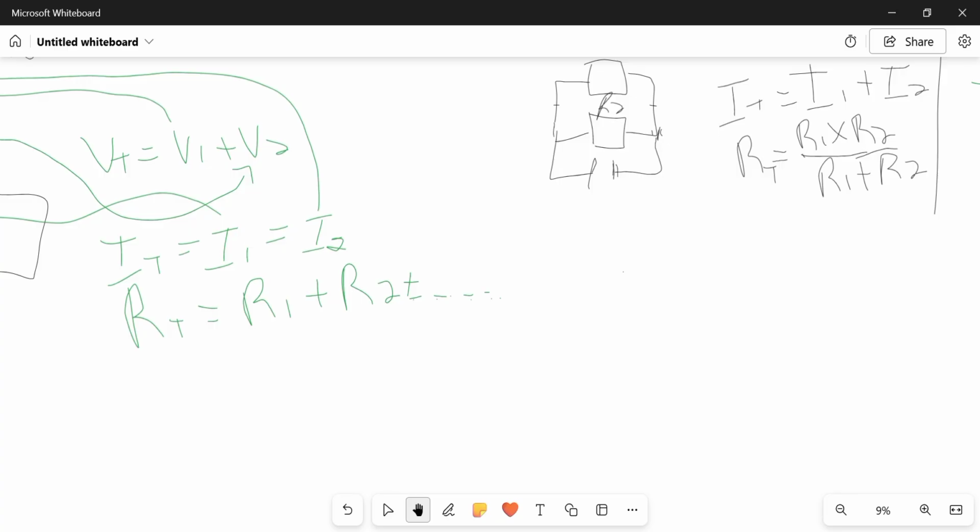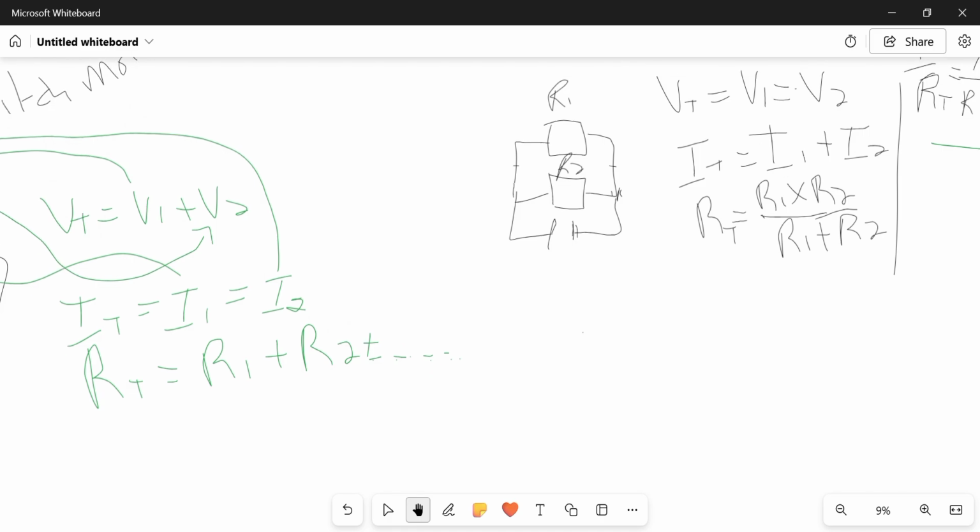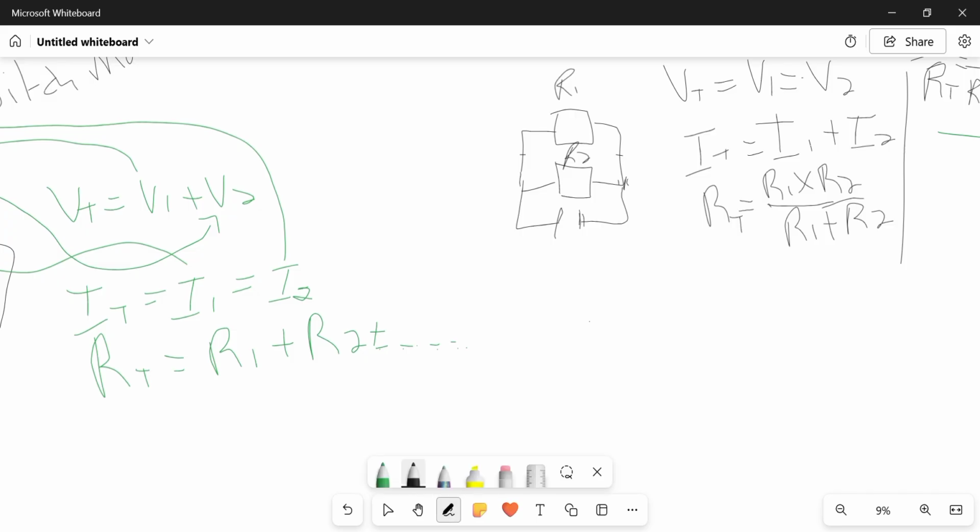Resistor can never be constant. So if you check in a parallel circuit, when this resistor loses its power or fails, this resistor will still work in a parallel circuit.